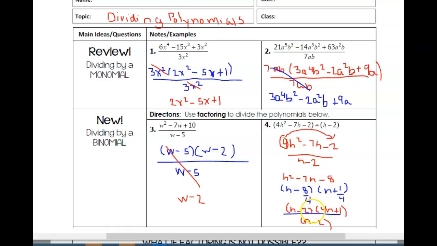Remember, I have to divide out that leading coefficient, which I do. And so I'm left with, if I simplify this, an h minus 2 times a 4h plus 1. And if I have to simplify, remember we cancel common factors from top to bottom. I am going to cancel those common factors. I end up with 4h plus 1.